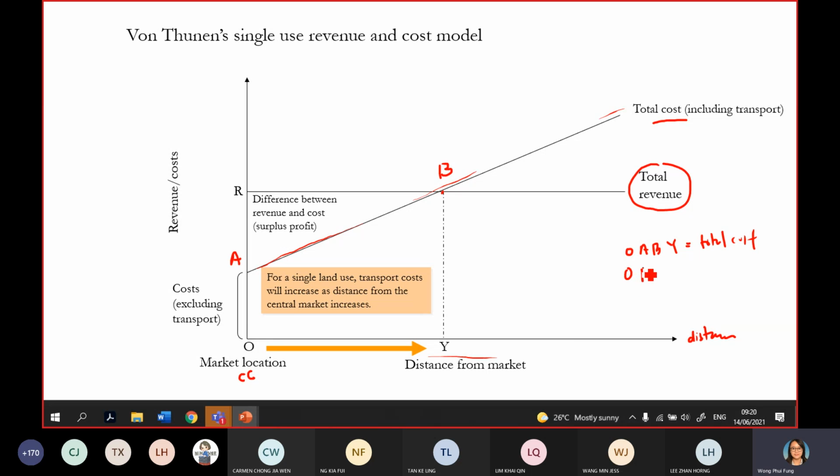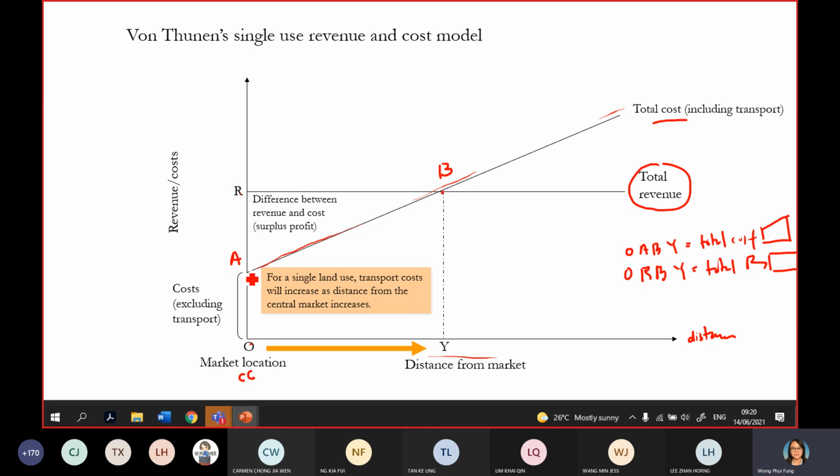Then O, R, B, Y is your total revenue. This box is the total revenue, and the trapezium is your total cost.